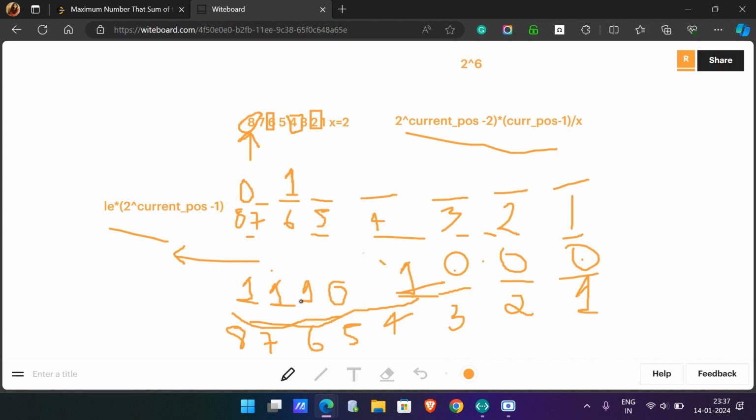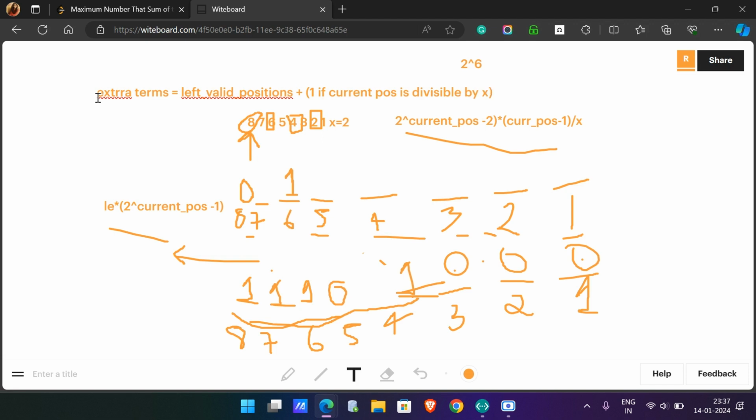That is the left valid positions. So if I want to write the extra terms for checking, what will it be? Left valid positions plus 1 if the current position is divisible by x.